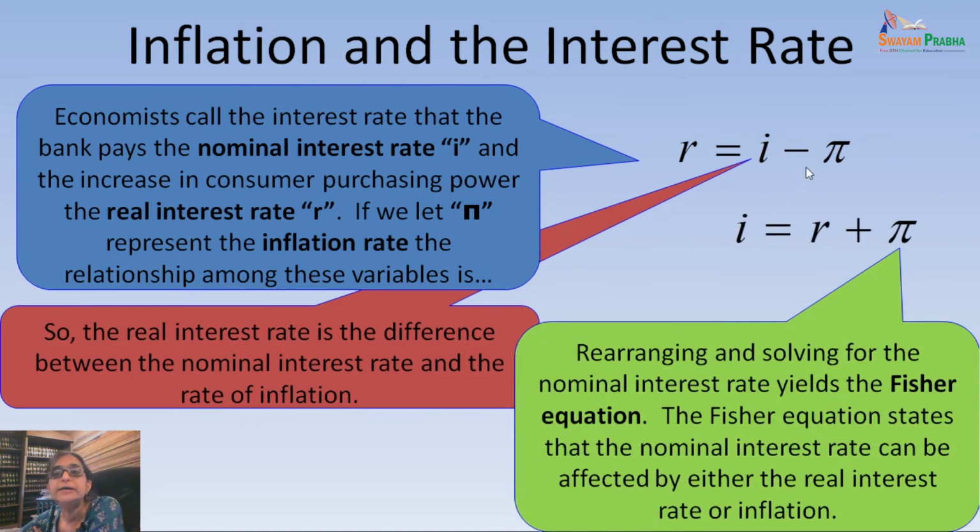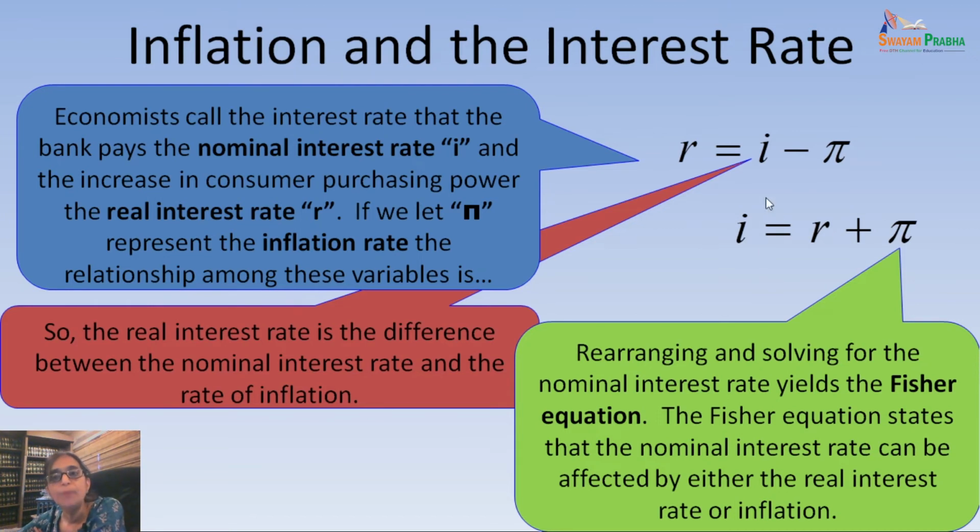If we rearrange this, we can say that nominal rate of interest is equal to real interest rate plus the rate of inflation. This equation is known as the Fisher equation. The Fisher equation states that nominal interest rates can get affected by either real interest rates or by the rate of inflation.